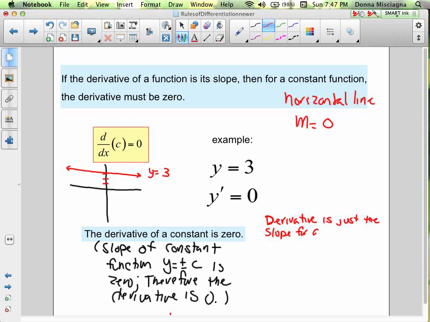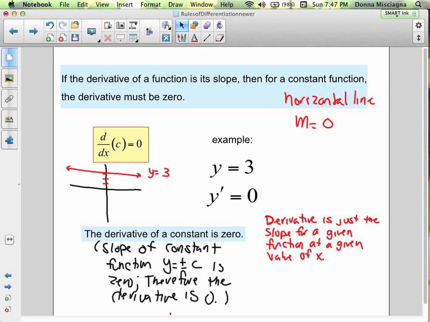For a given function at a given value of x... However, here, no matter what the value of x, the derivative of a constant is always going to be 0.